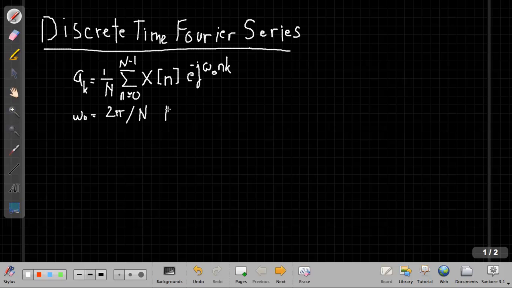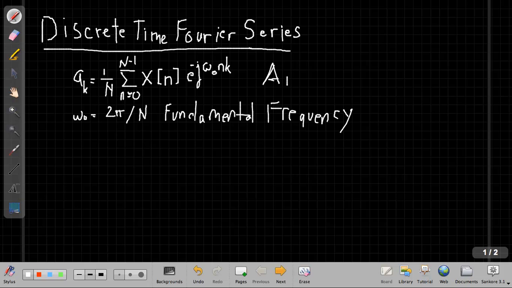And again, just a reminder, this is what we call the fundamental frequency. And these coefficients tell me how much I use of each frequency. This is sometimes called the analysis equation because it analyzes the signal.